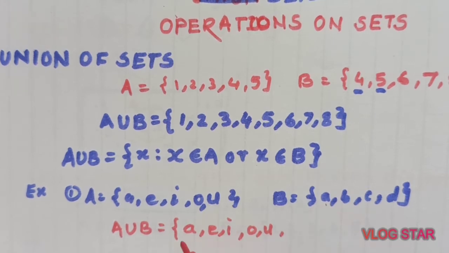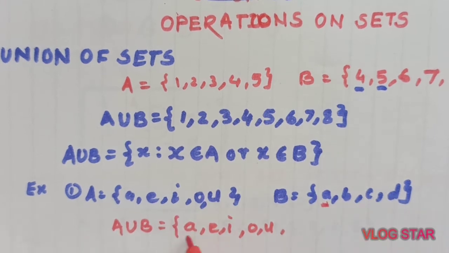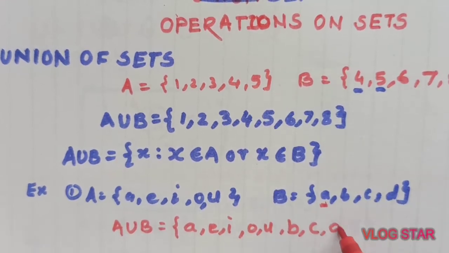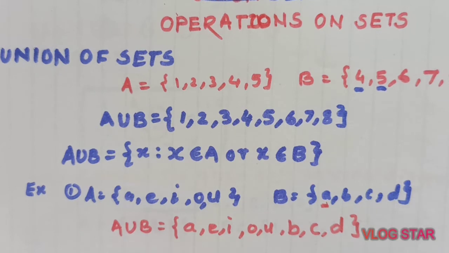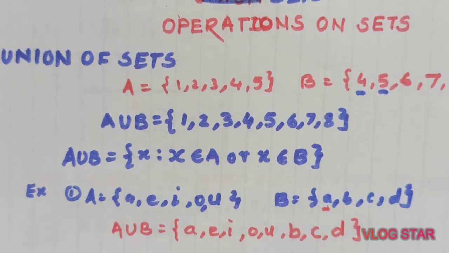A is already mentioned, so no need to copy A. Then B is not there, so I'll write B. C is not there, so I'll write C. D is also not repeated. So finally we got the union of two sets. Similarly, you can combine given two sets and write the union of two sets. So this is A union B.